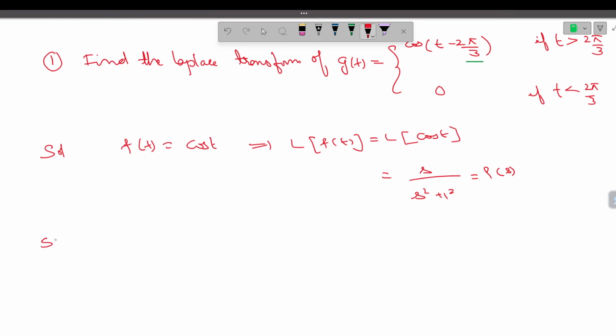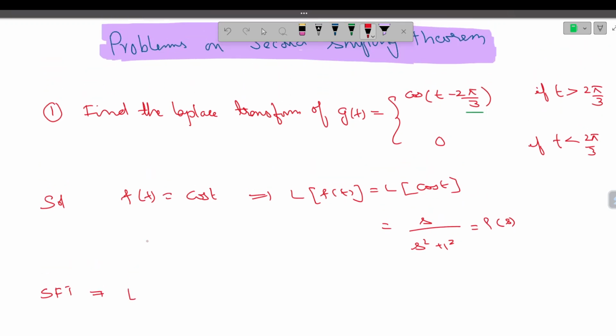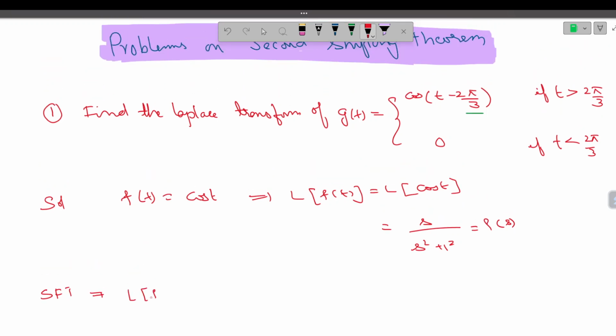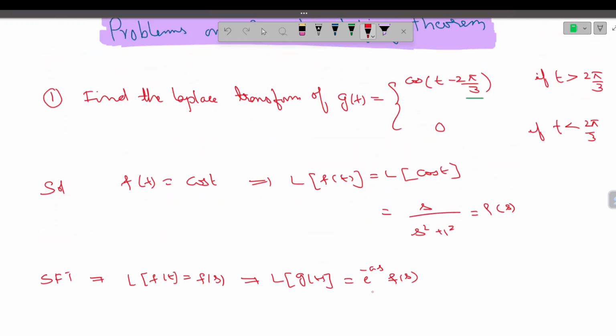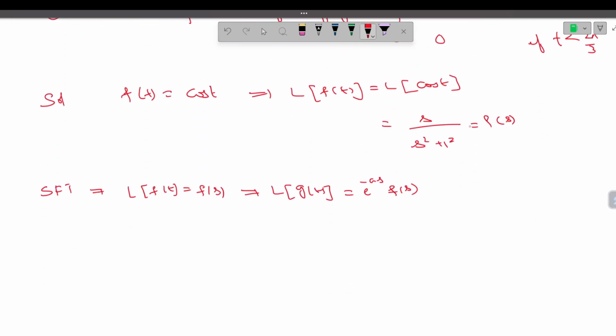So the second shifting theorem, what does it say? If the Laplace transformation of f(t) equals F(s), then the Laplace transformation of g(t) equals e to the power of minus as times F(s). So what is our a here? 2 pi by 3.